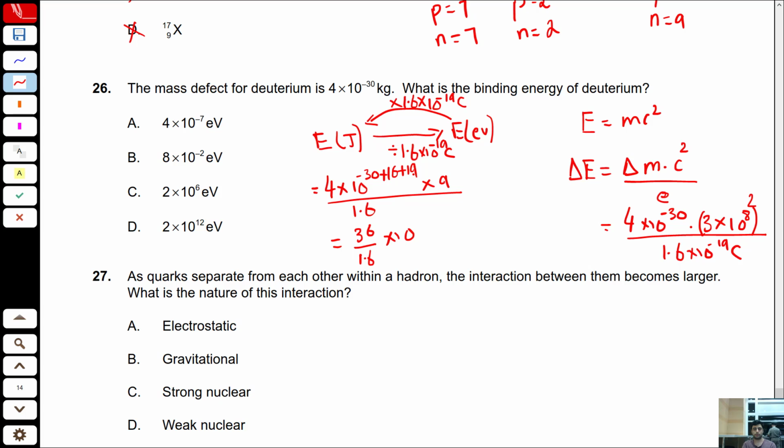Negative 30 plus 16 is negative 14, plus 19 is, we are going to add them together, 5.